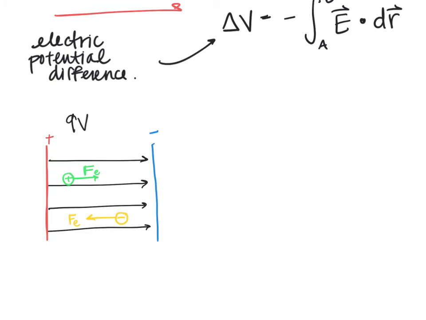Now if we were to force a positive charge from the negative plate over here to the positive plate there, there would be a positive change in the electric potential energy of the system, and negative work done by the electric field force.